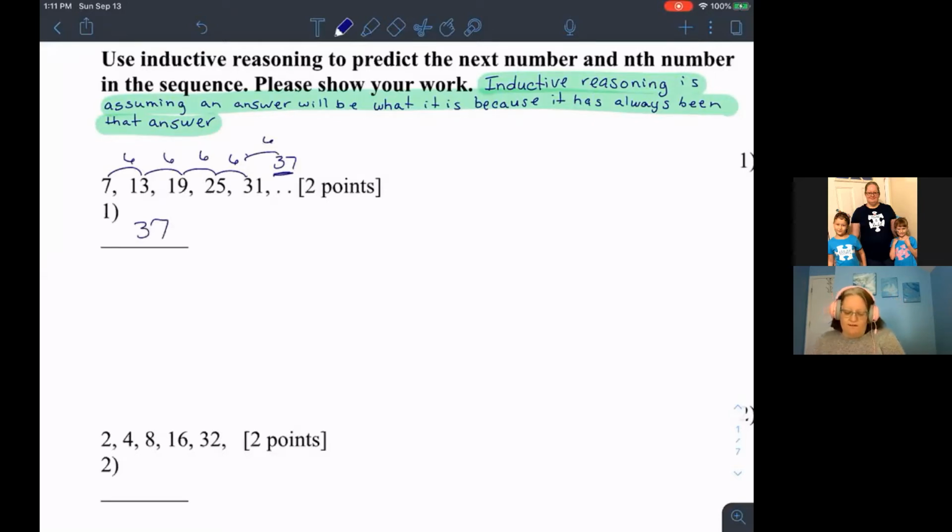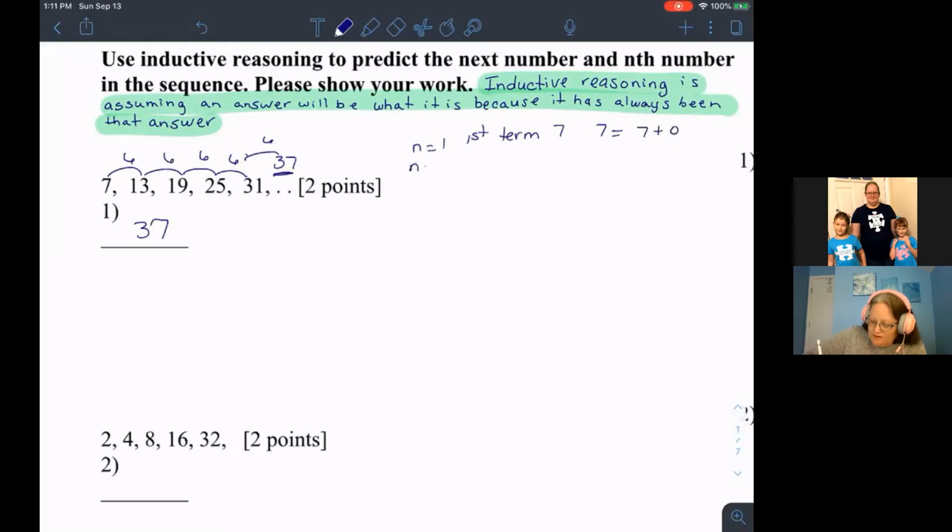But in order to find the nth term in the sequence, we do n is equal to 1. The first term is 7, and this is additive, so 7 equals 7 plus 0.